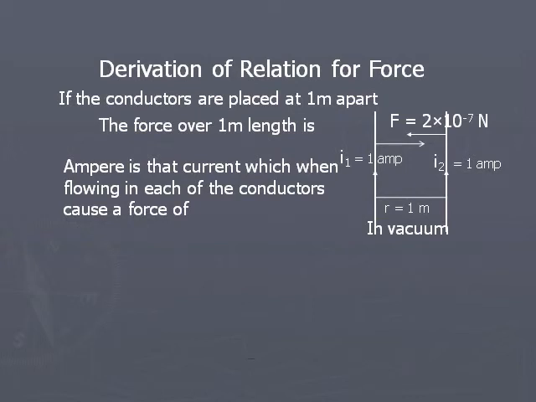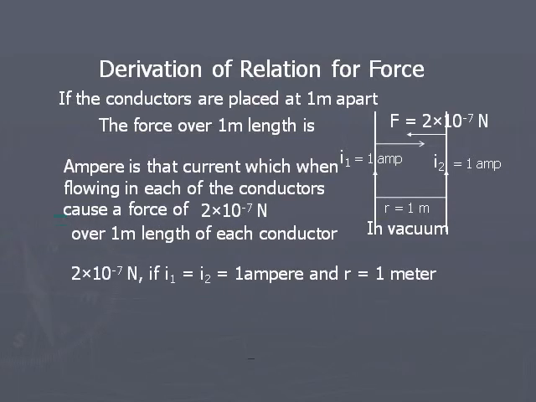The condition 2 into 10 to the power of minus 7 newtons if I1 is equal to I2 is equal to 1 ampere and r is equal to 1 meter can be stated as: ampere is that constant current flowing in two straight parallel conductors placed in vacuum at a distance of 1 meter and causing the conductors to experience a force of 2 into 10 to the power of minus 7 newtons per unit length. This is the definition obtained from the above relation for ampere.